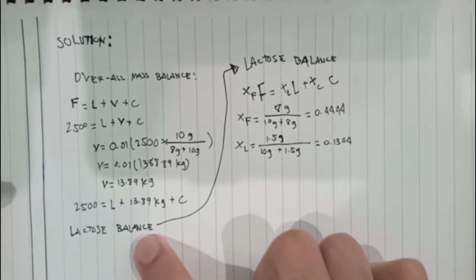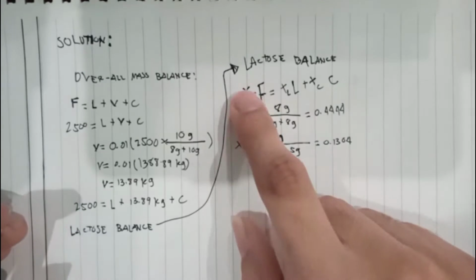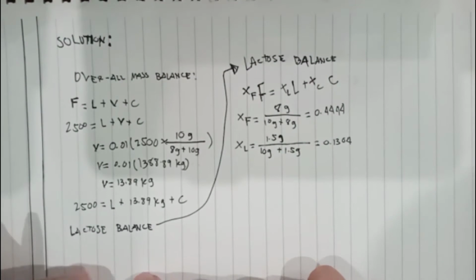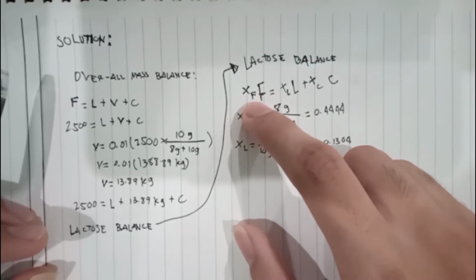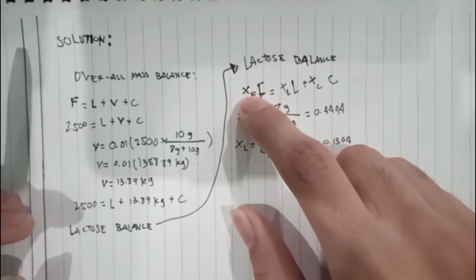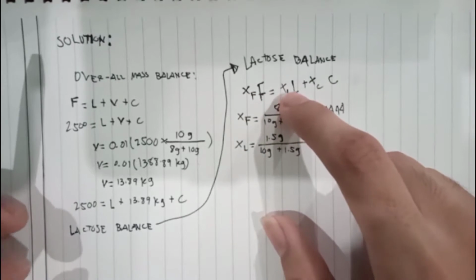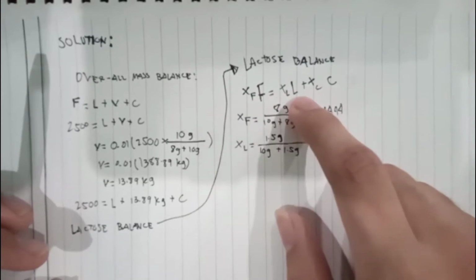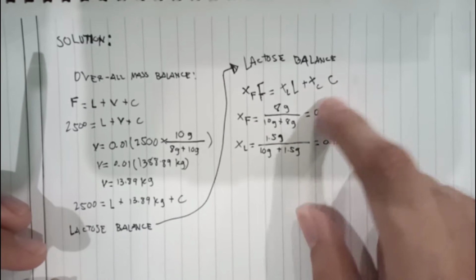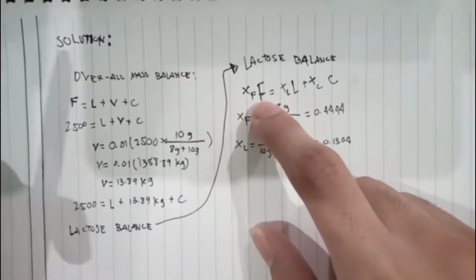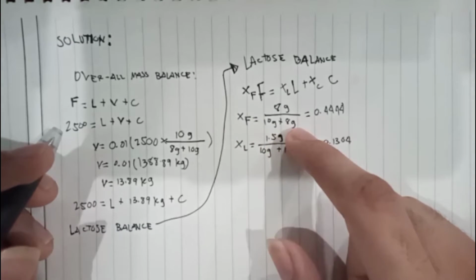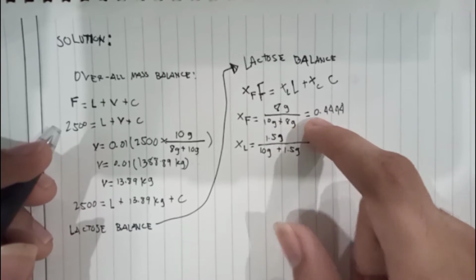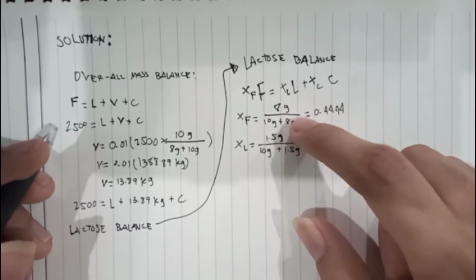What I'm going to do next is a lactose balance, and I already wrote it here because it won't fit in this part here. So our lactose balance is XF times feed equals X liquor times liquor plus XC times crystal. Our variable X is the mass fraction of lactose in the feed, liquor and crystal. And XF we can get using the solubility at 57 degrees Celsius and 10 degrees Celsius.